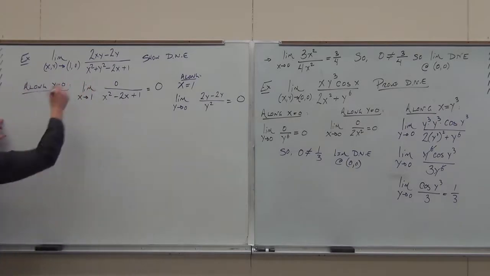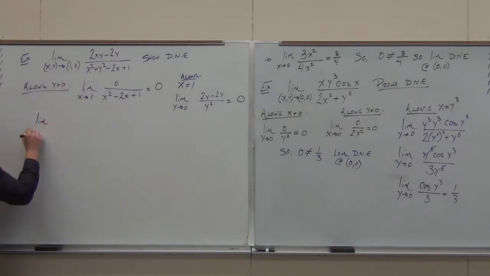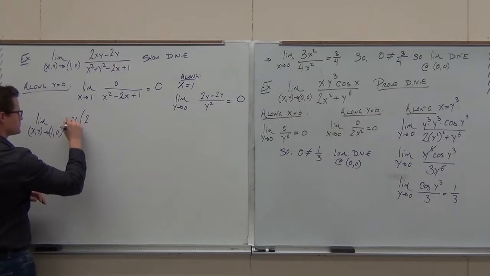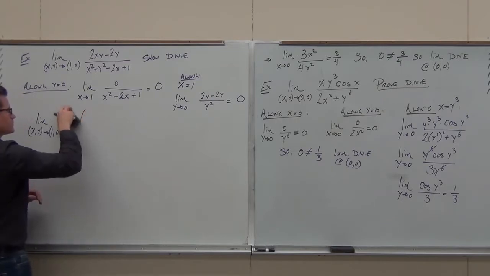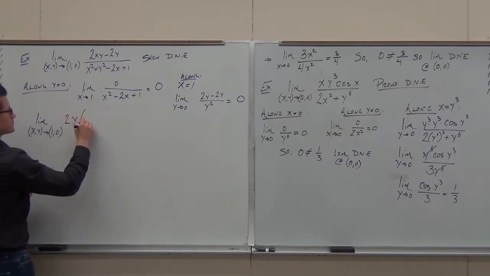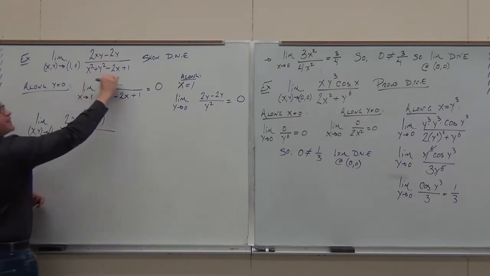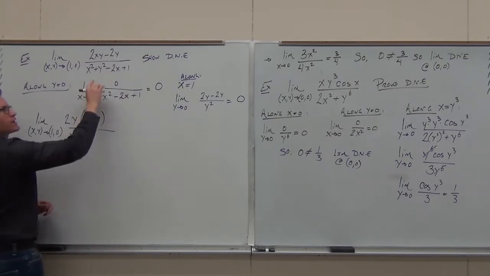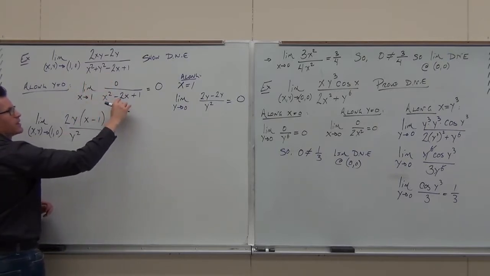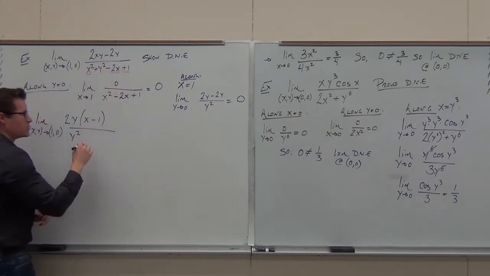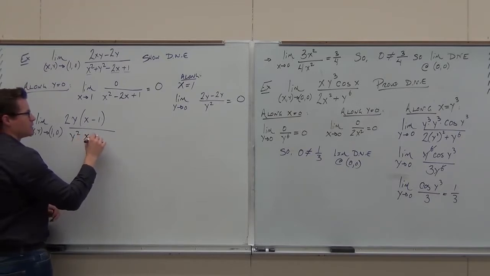For instance, if I factor this, pull the y squared, but notice how x squared minus 2x plus 1 is still here. That's a perfect square trinomial. In fact, it's x minus 1 squared.